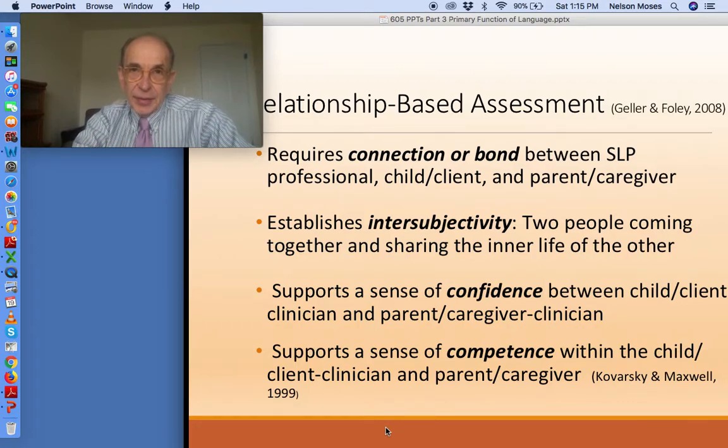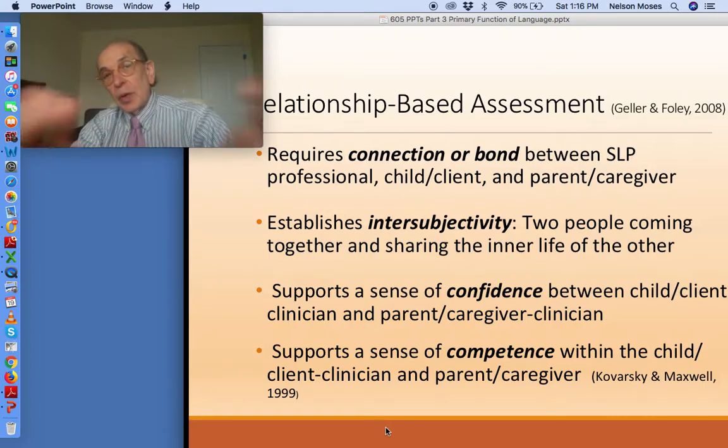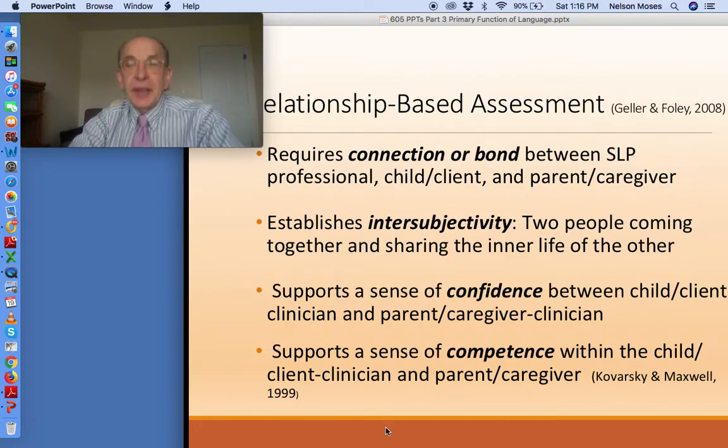Knowing that, as a speech-language clinician you're in an extremely powerful position with reference to your client, to either shame them or make them feel less than whole, or to support them, even if they're coming with a problem and looking for your assessment, identification, analysis and treatment of the problem. Still, competence is critical.